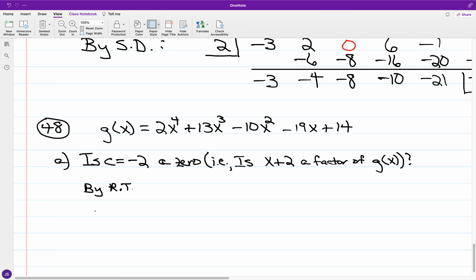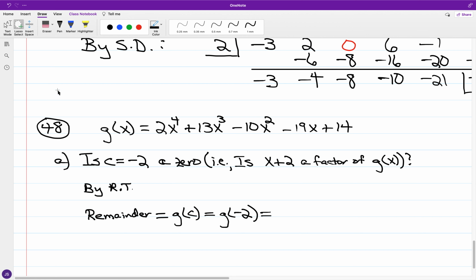But if I go with part A utilizing the remainder theorem, the remainder is again g of c, and c is already spelled out as negative 2, and looking at filling in negative 2 for x in the expression.